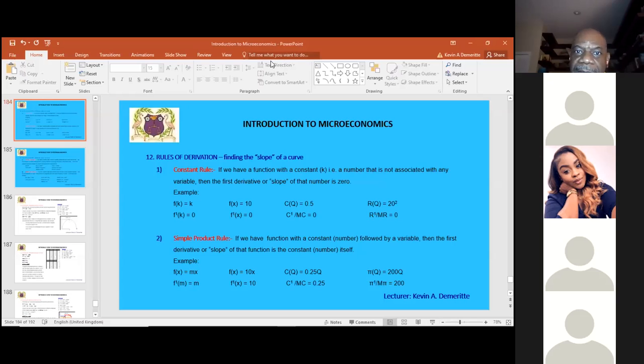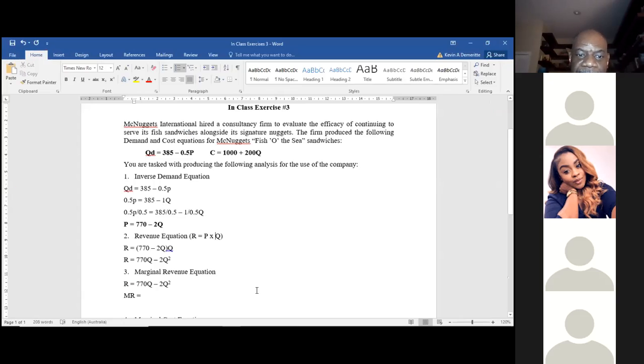So then, if we go back to our revenue equation, what would 770q be? 770. Second rule, if you have a number in front of a letter, that's it.